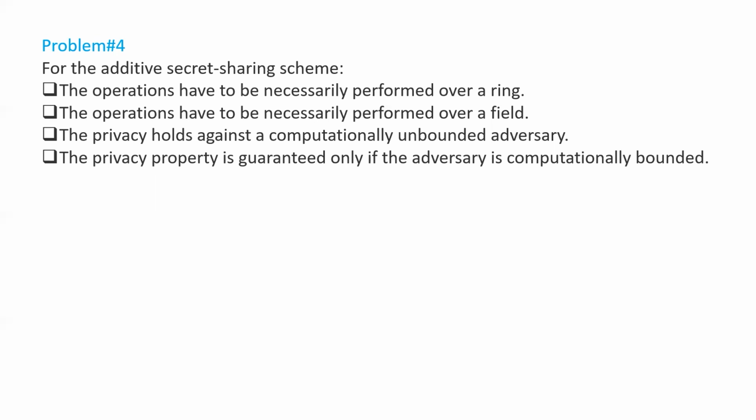Third statement says the privacy holds against a computationally unbounded adversary. This is also true because in additive secret sharing scheme, when n minus 1 parties collude, you have the summation of all the Si for i belonging to 1 to n minus 1, and they try to come up with a valid guess for the share Sn, the nth share.